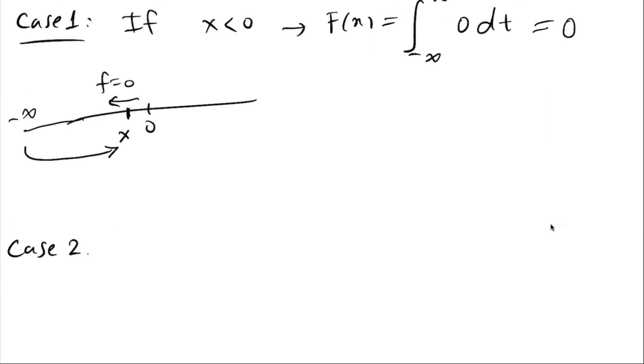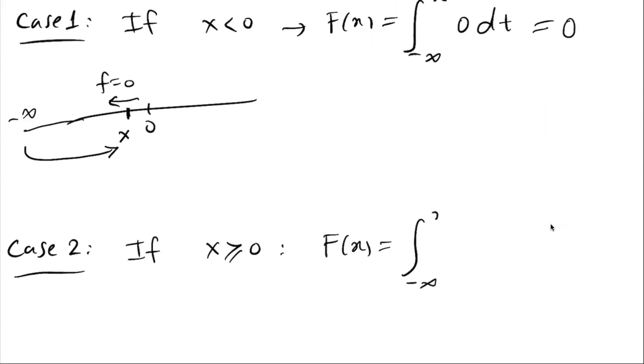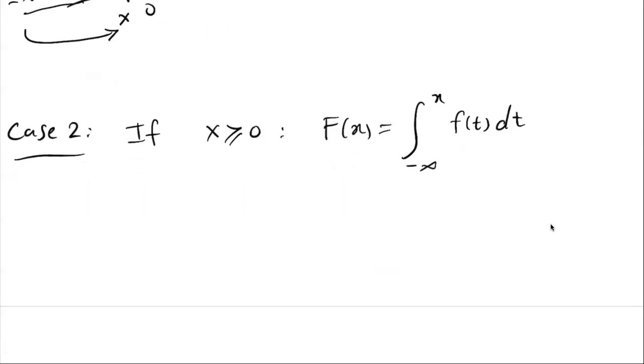Now, case 2, if this number x is bigger than or equal to 0, then we can say that capital F of x is the integral from minus infinity to x of f of t dt. And how can I proceed in this case?